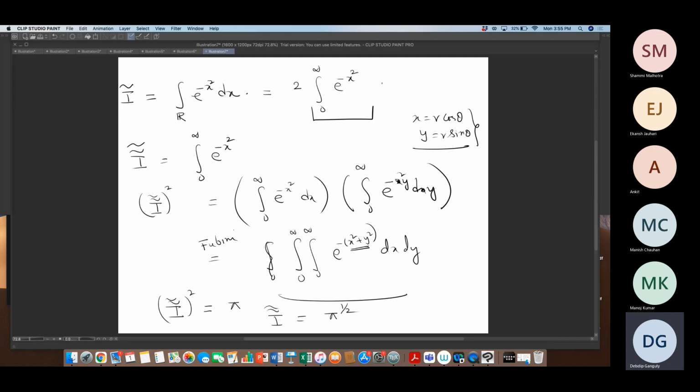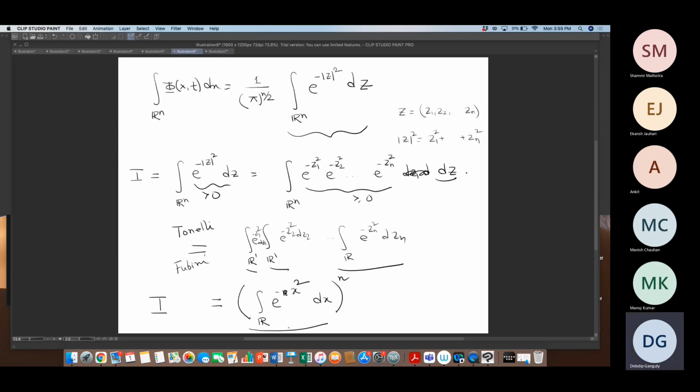So this integral value is 2 into pi by 2. Now come here. This value is 2 into pi by 2 to the n, right? So this value is 4 pi n by 2. Is that clear?